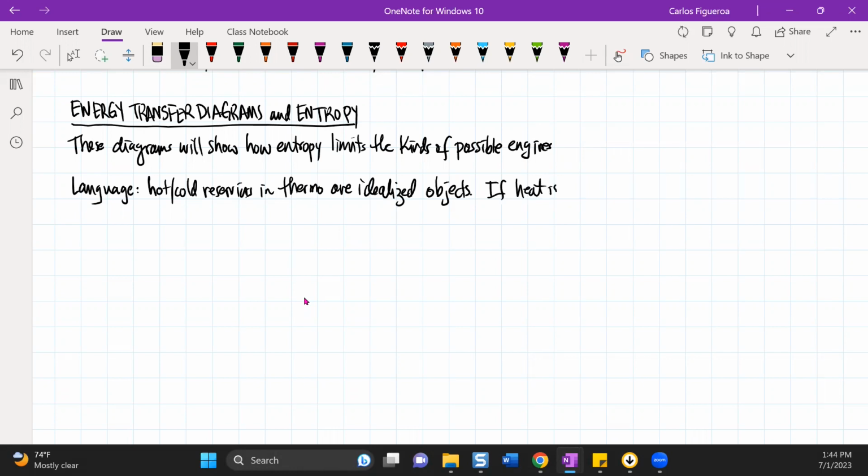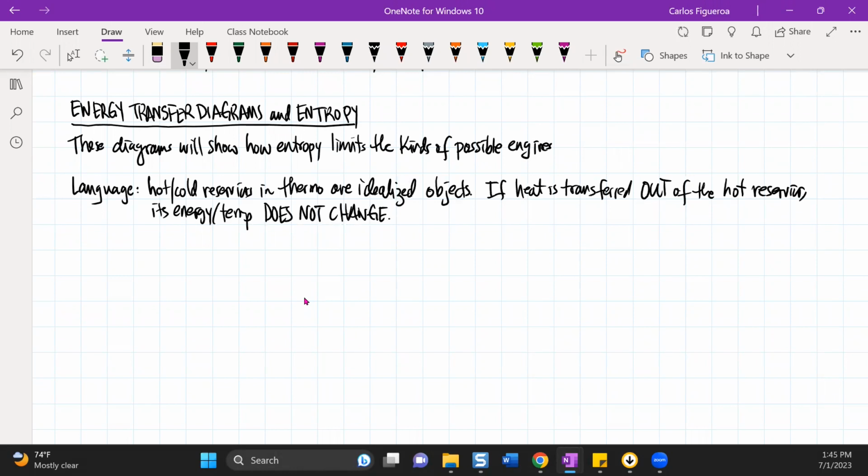So if heat is transferred out of the hot reservoir, I could have said heat transferred into the cold reservoir, its energy slash temperature does not change.